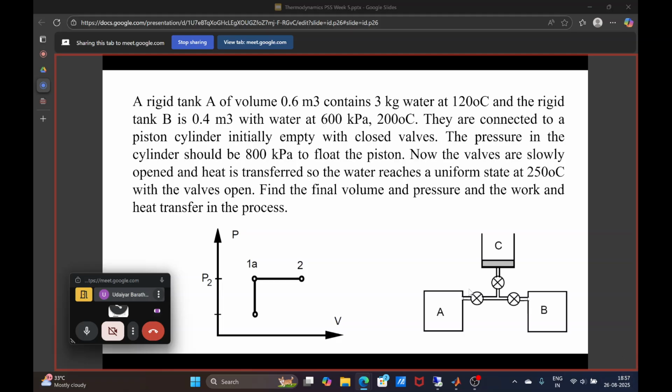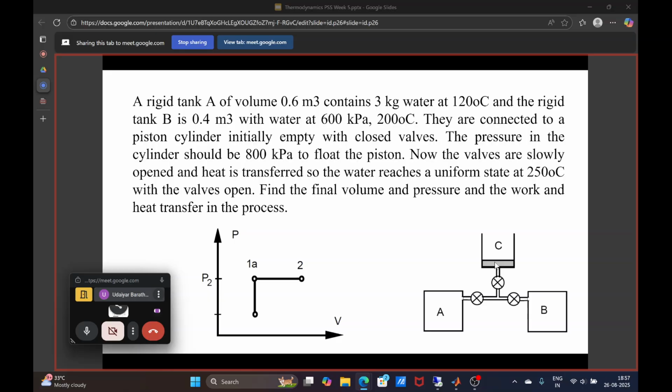So initially you open all the valves. So it will come to a uniform state and you are adding heat. So gradually the pressure will rise and it will reach a pressure of 800 kilopascal where the piston will start floating, and from that point on your pressure will remain constant and the volume will change.